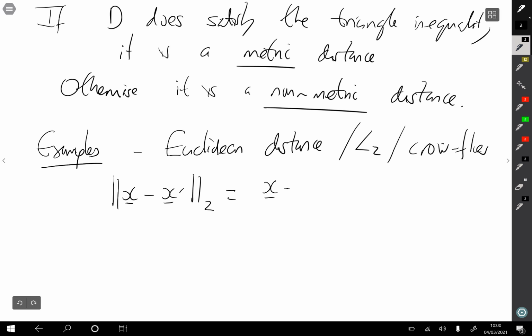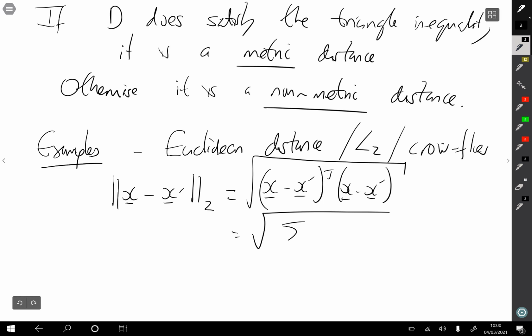Well, this is just x minus x prime transposed, x minus x prime, all square rooted. Or it's also equal to the sum of x_i minus x_i prime squared, all square rooted, i from 1 to p.